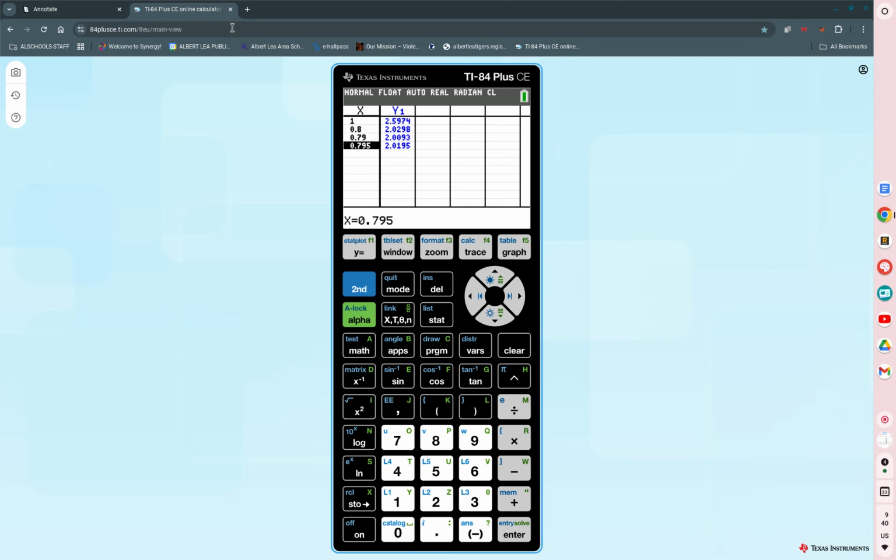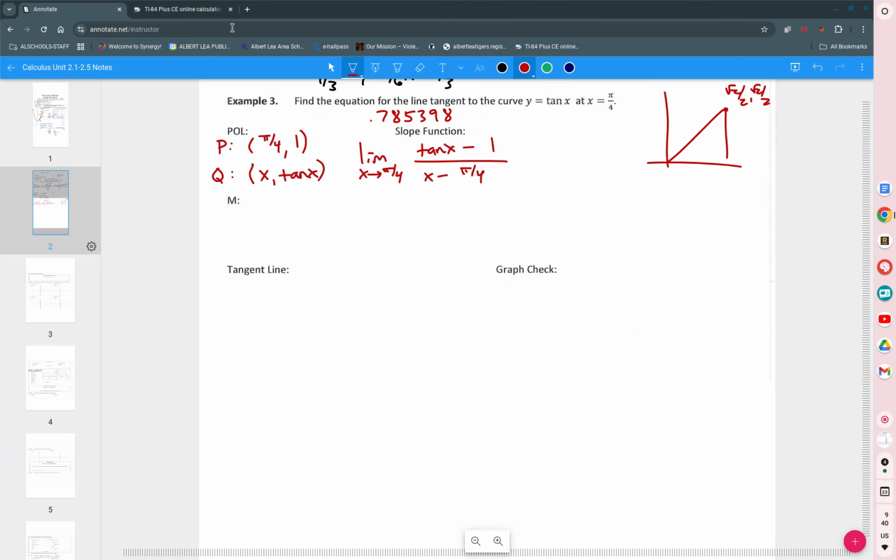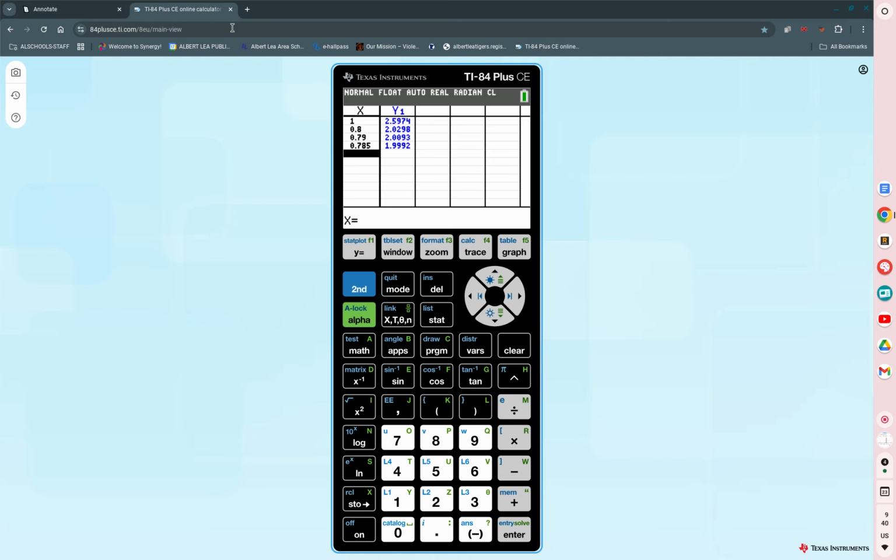And you could continue on and write in this decimal, 0.785. And you could continue to add this decimal, 0.7853. What do you think it's headed towards? 1.9.